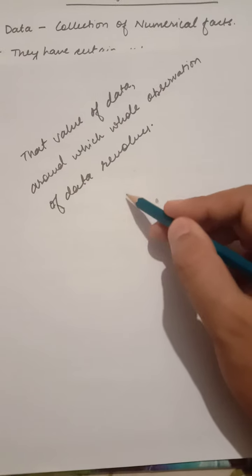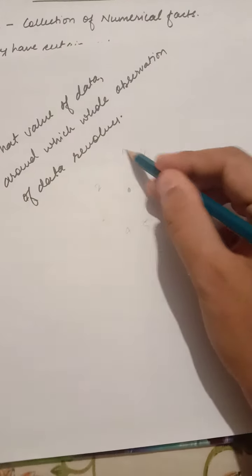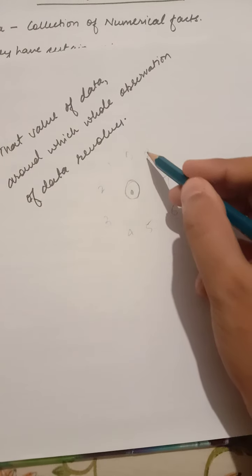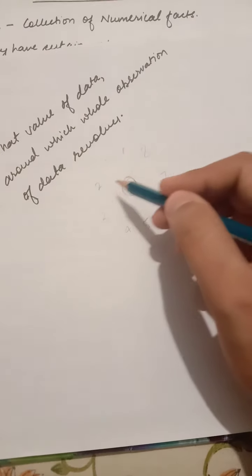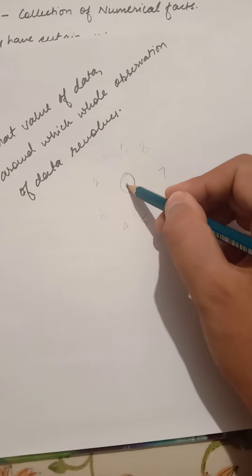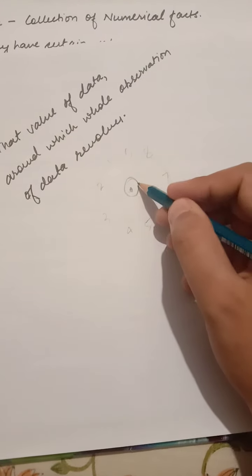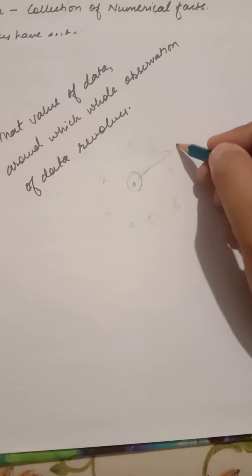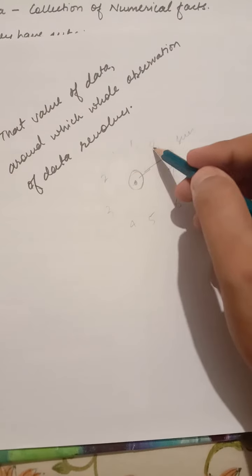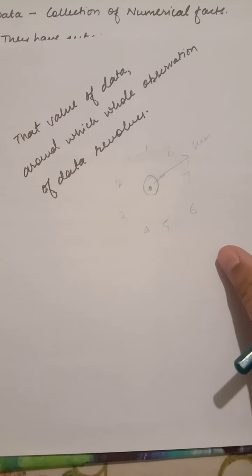Suppose these are the data, and there is a value of this observation around which these data are revolving. Like you say that measures of central tendency is the sun, and it is the solar system: the planets are revolving, the moons are revolving, likewise that.